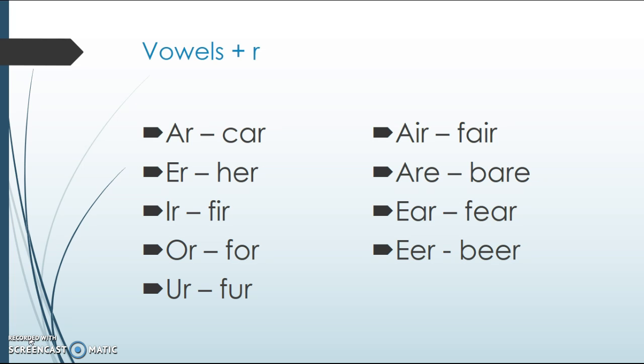So in our first column here, we have our R-controlled single vowels, such as the AR in car, or the sound which can be represented by ER, IR, or UR: her, fur, and sir, or the OR sound. And then we also have some that are represented by these other combinations in the right hand column. So AIR, as in bear, EAR, as in fear, and the EER as in beer.